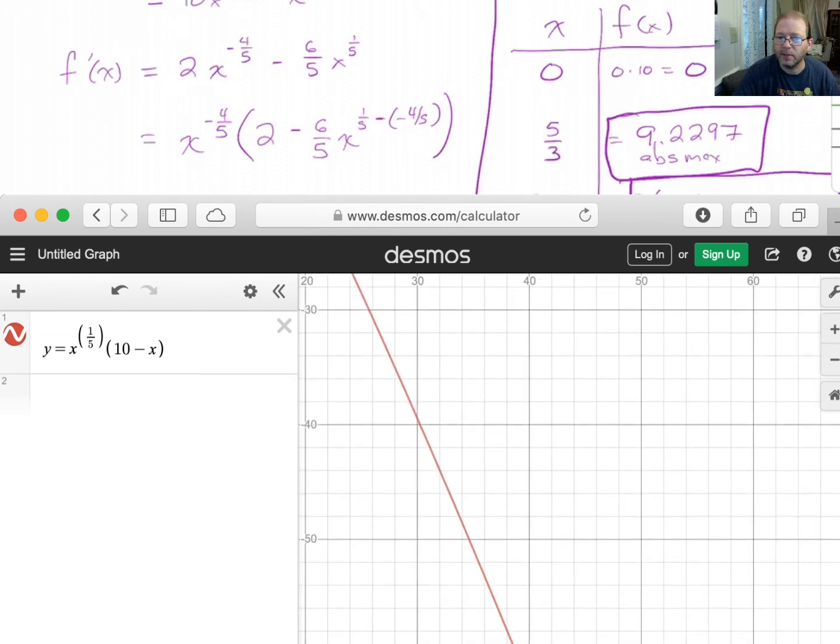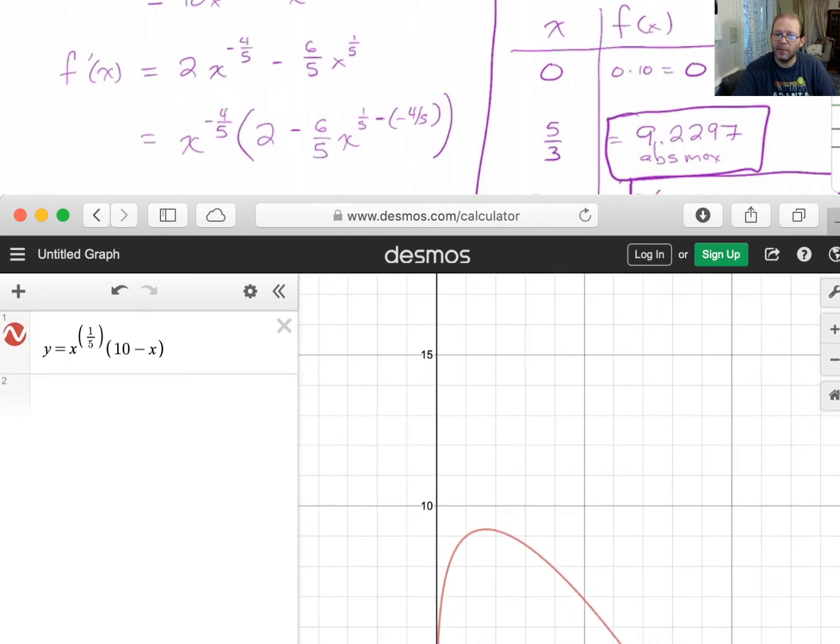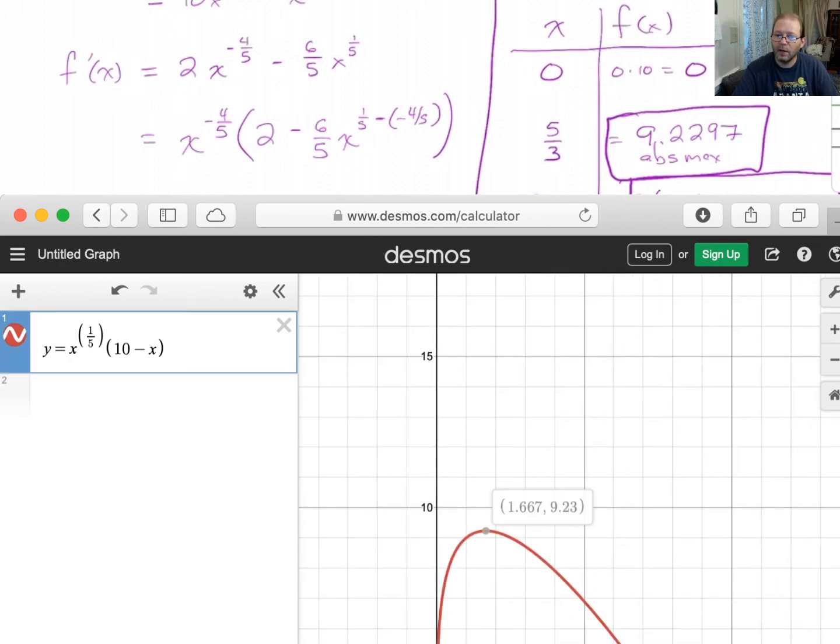Scroll that up so you can see it. Well, anyway, it's right there. So that's our max and min. And again, this one up here happens at 1 2/3, which is 5/3.